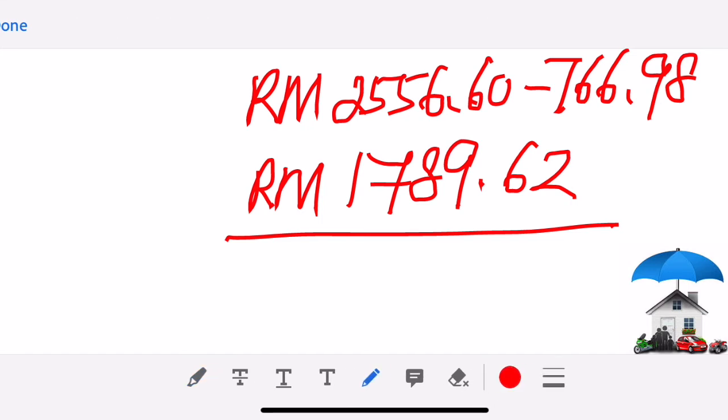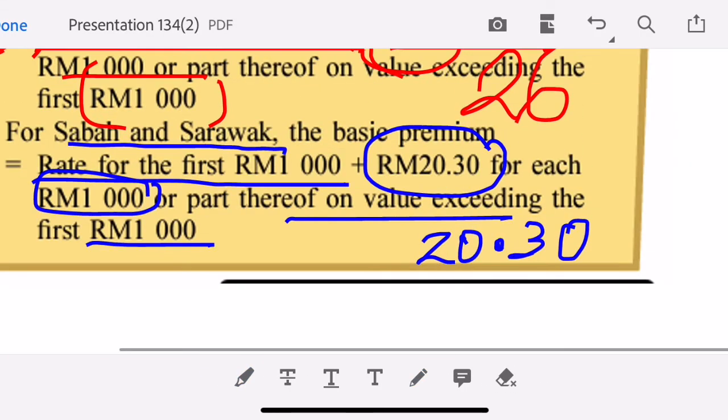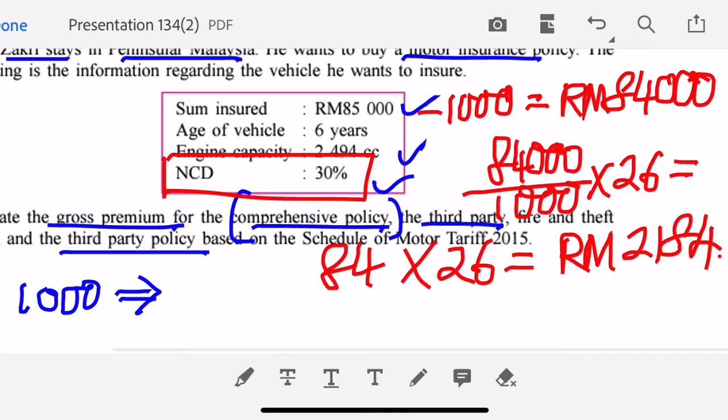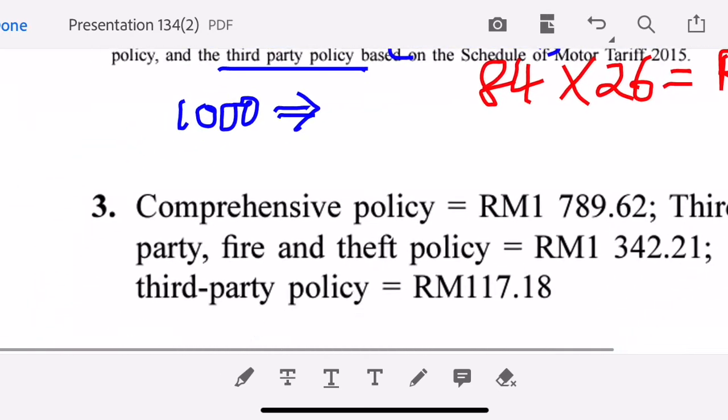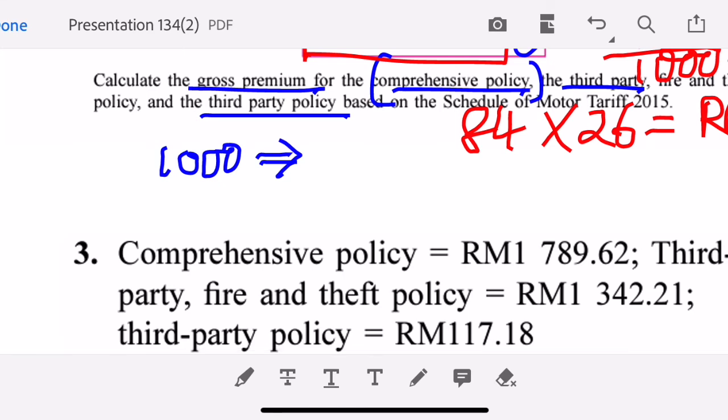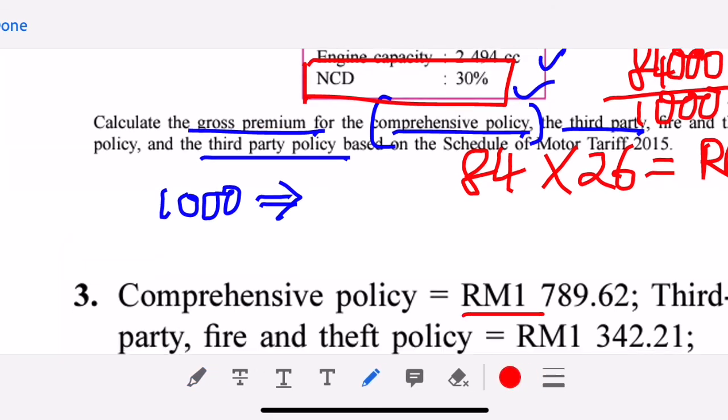Okay, so what about if we discuss the other one? We have comprehensive, we have third party, right? If third party, it will be 75%. The third party will be 75% of the comprehensive policy basic premium according to the law. So we will take the 75%. Just now we found this answer, 1789.62, right?